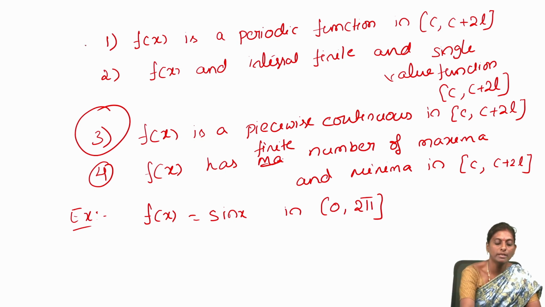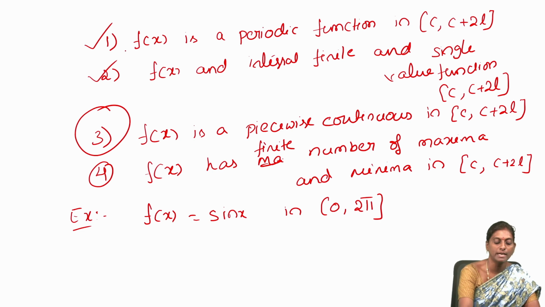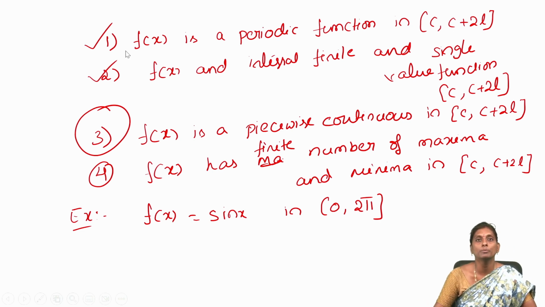The condition number 1 is satisfied. And f of x has a finite value. The maximum is 1 and minimum is -1. So it is finite and its integral value is also finite, and it is also a single valued function in the interval 0 comma 2 pi. Condition number 2 is also satisfied.